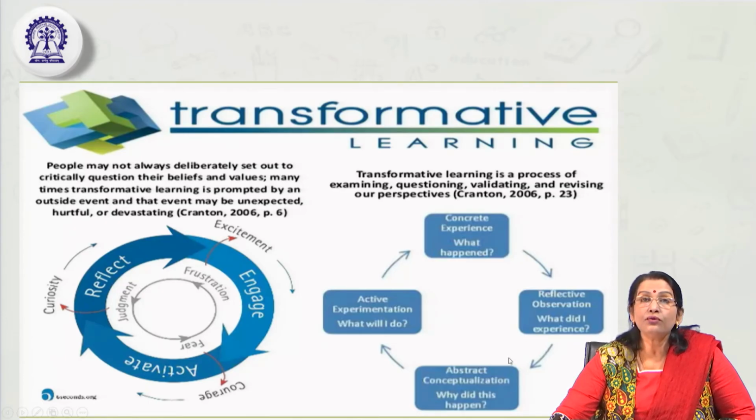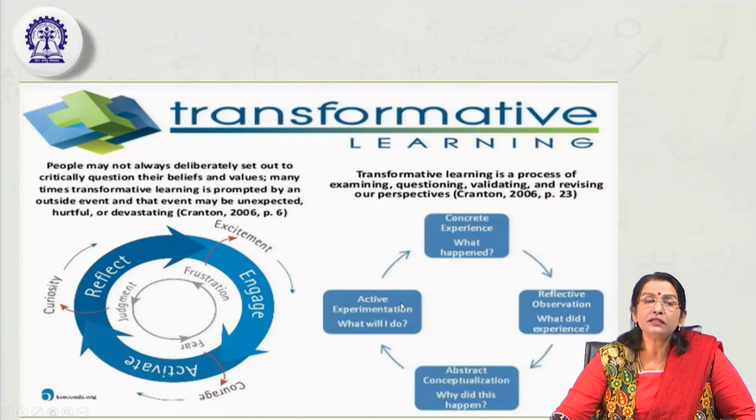In order to examine whether it is valid or not, we actively experiment: what will I do if this is the cause. We experiment to find out whether it is strategic and effective, by testing our assumptions and hypotheses.